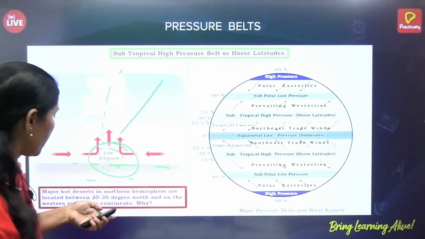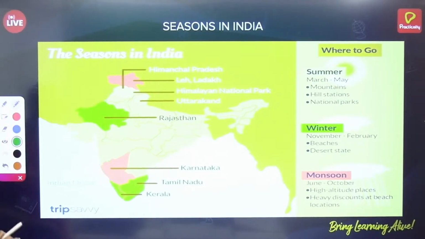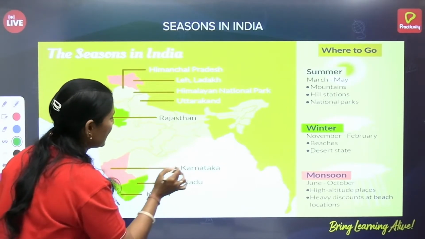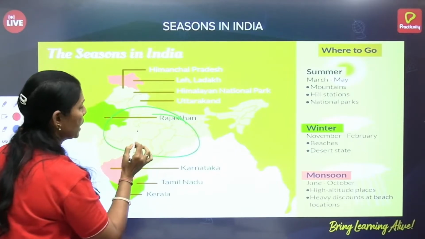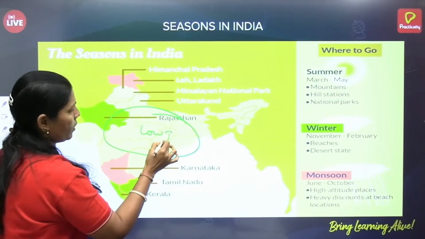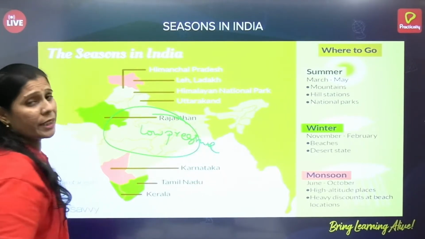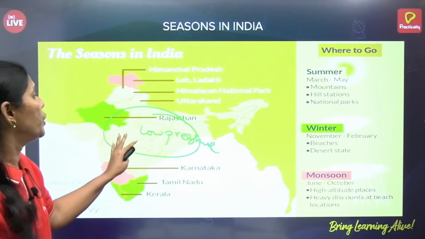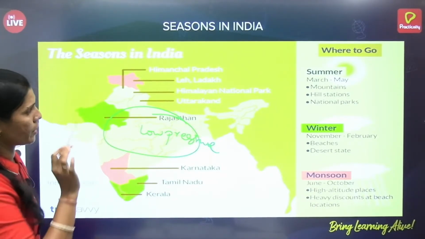So due to the excess heat in summer, low pressure will be created in India during the months of March to May.